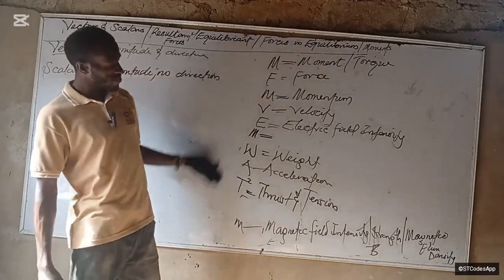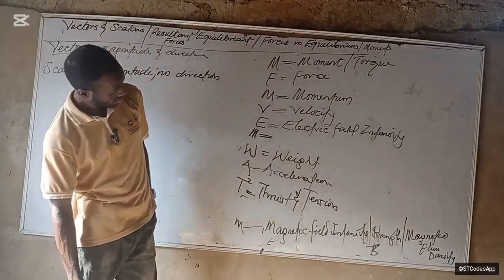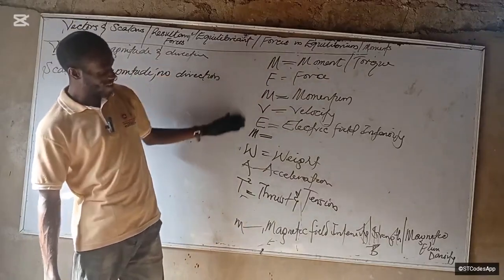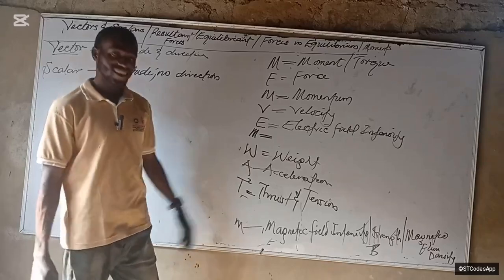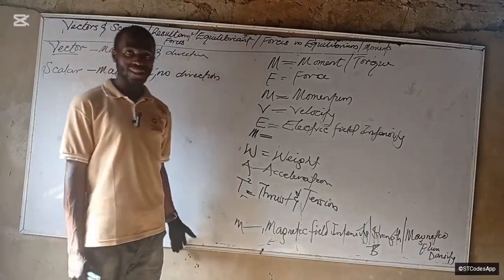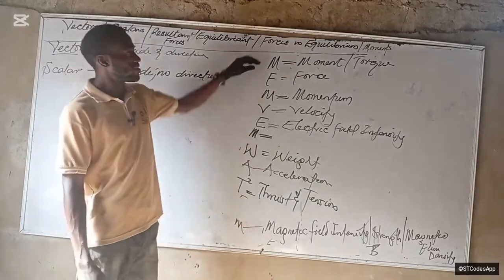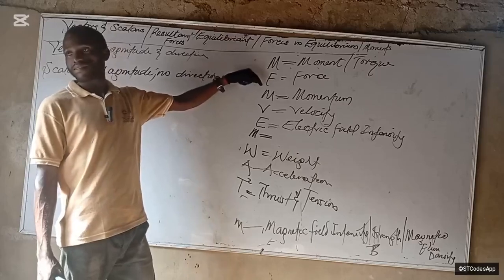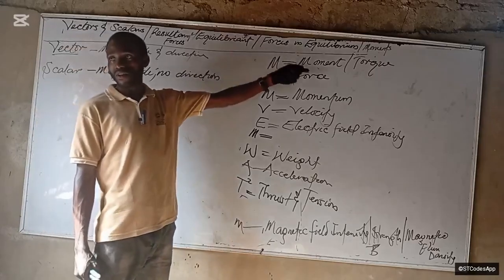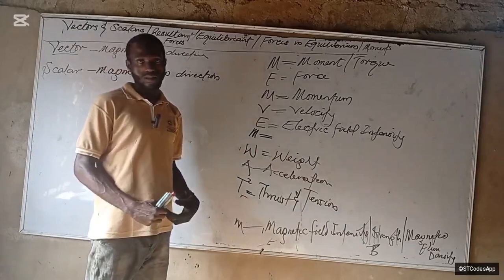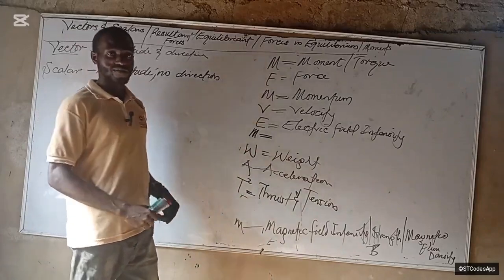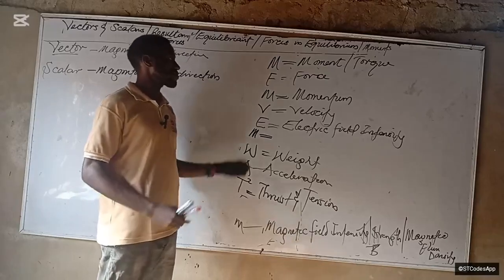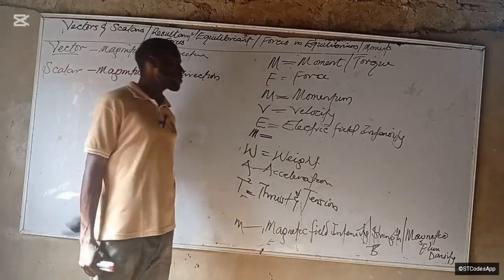Okay, let's go. MFM then what? M for moment or torque. F for force. M for momentum.